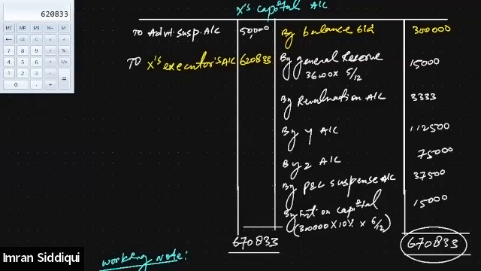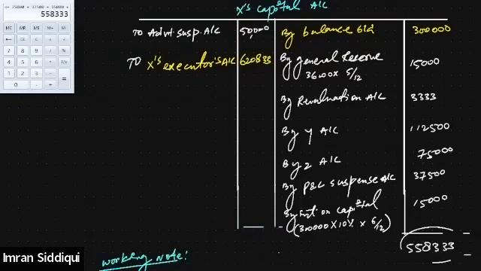Let me check the calculation one more time. 3 lakh plus 15,000 plus 3,033 plus 1 lakh 12,500 plus 75,000 plus 37,500 plus 15,000. We are making some mistakes up there. Sum total is 5,58,333. What am I doing? It is 5,58,333.